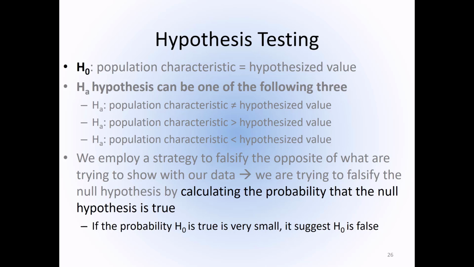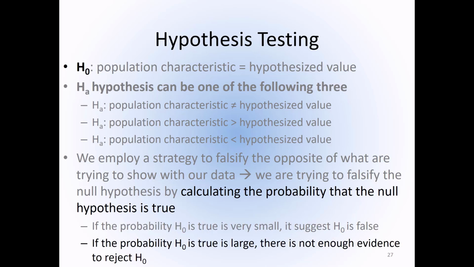And so we've got enough evidence to say that our alternative hypothesis is more likely than the null hypothesis. So we're rejecting the null hypothesis. But if the probability that the null hypothesis is true is pretty large, we have a lack of evidence to support the alternative hypothesis, then we'll fail to reject the null hypothesis.